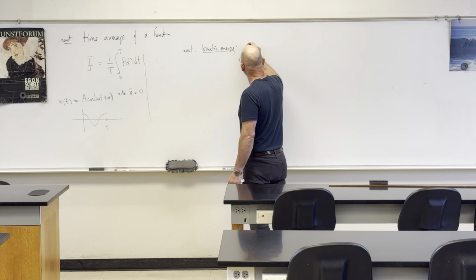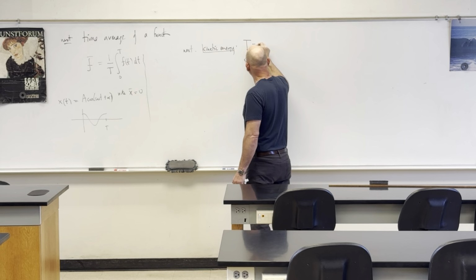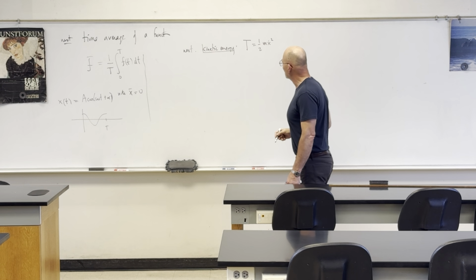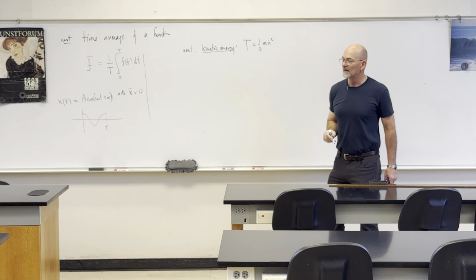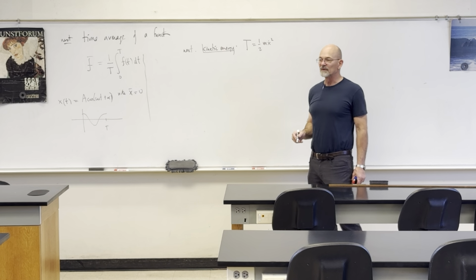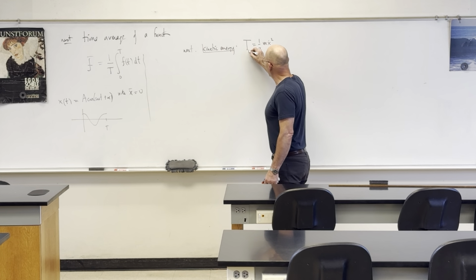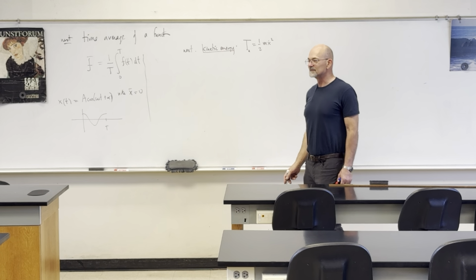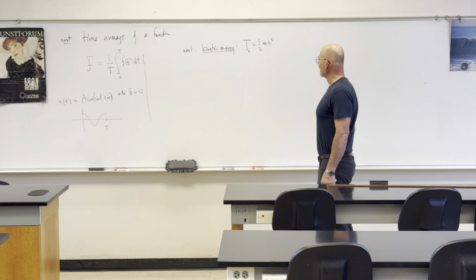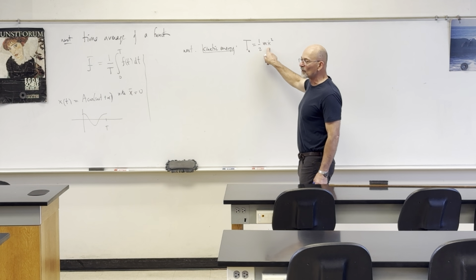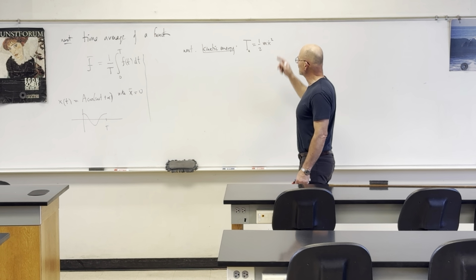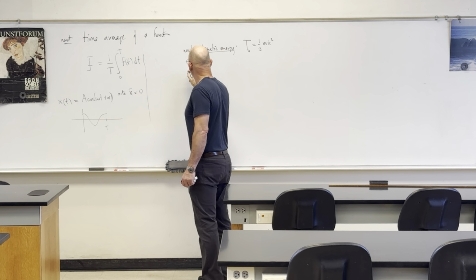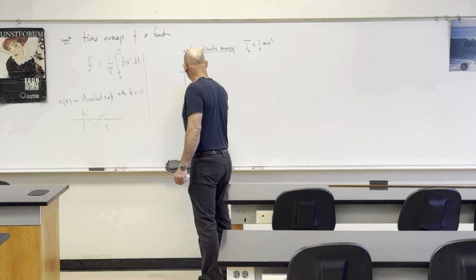Kinetic energy, we use the letter T, 1/2 m x dot squared. We do T sub K just to distinguish it a little. It's not unfortunate, because this is very standard nomenclature, just like the dots. So anyway, we want the time average of the kinetic energy.